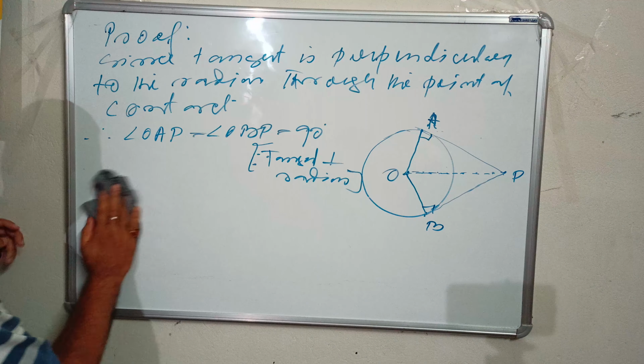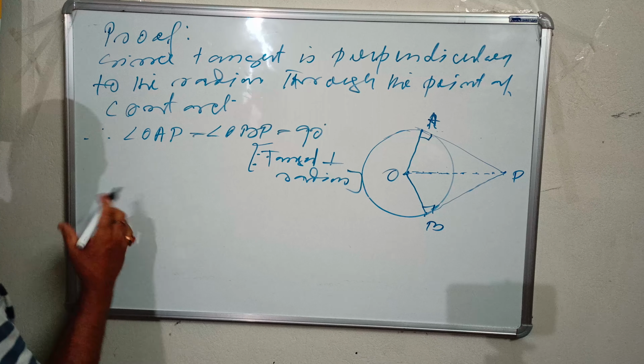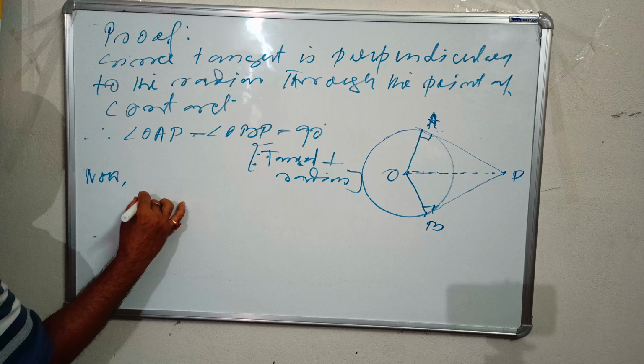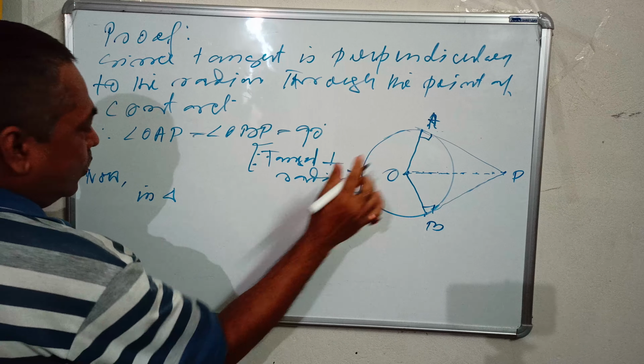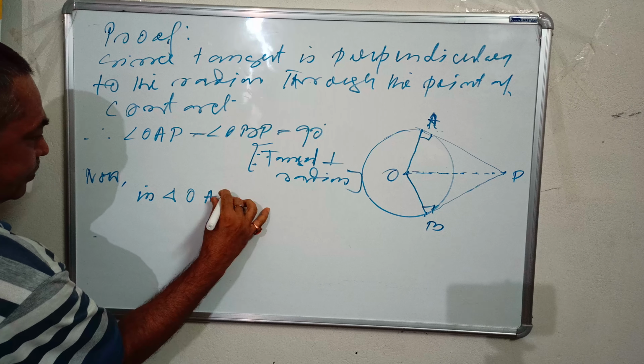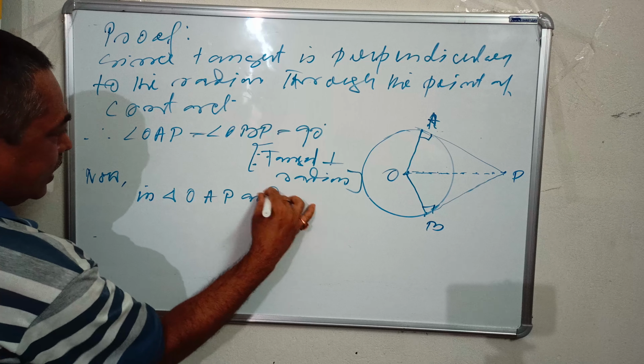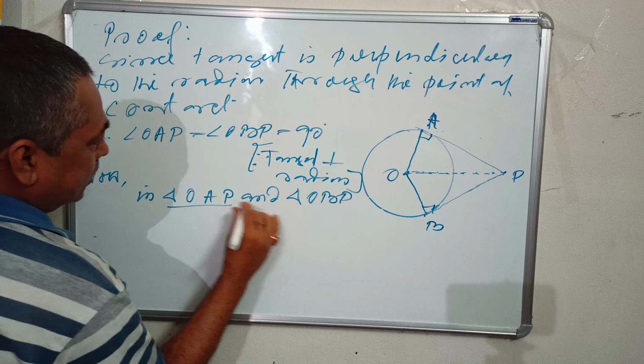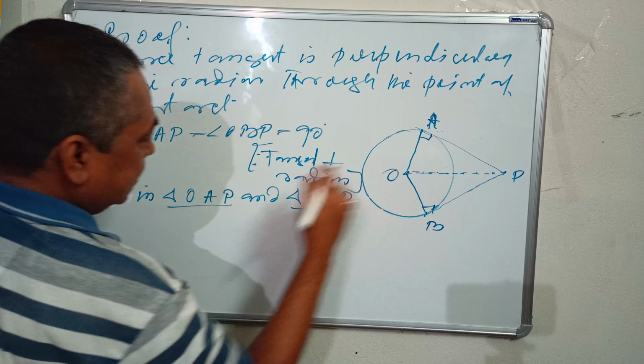Now, in triangle OAP and triangle OBP, these are the two triangles we have taken.